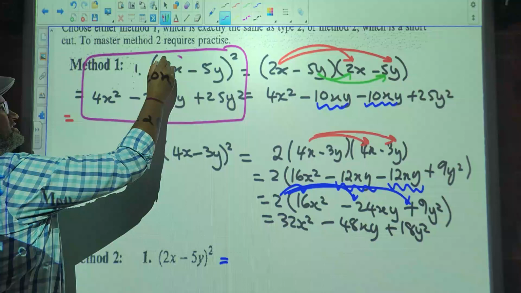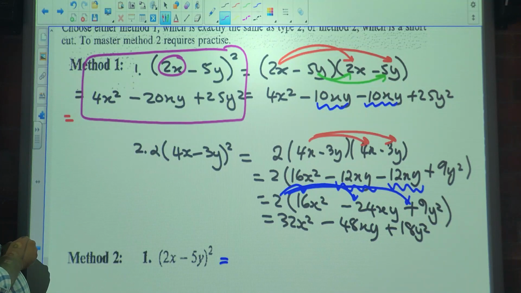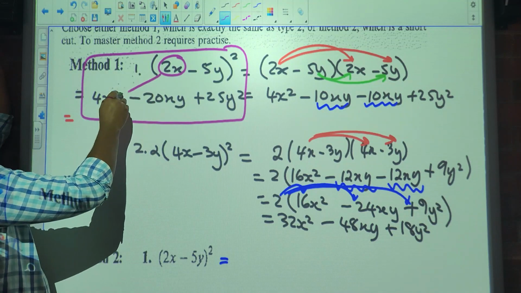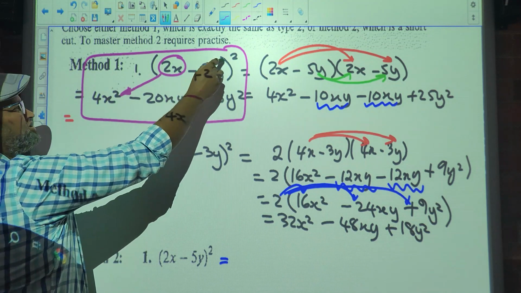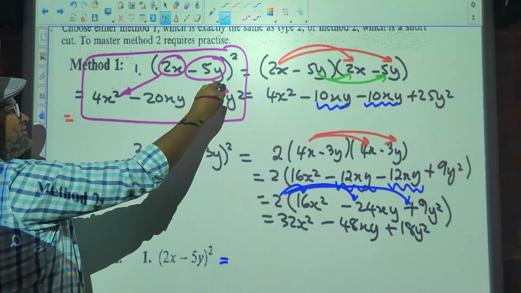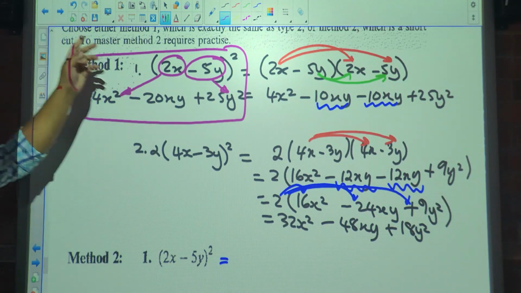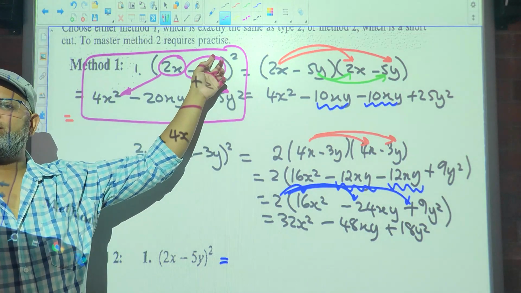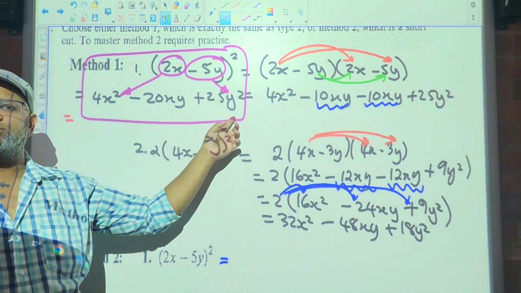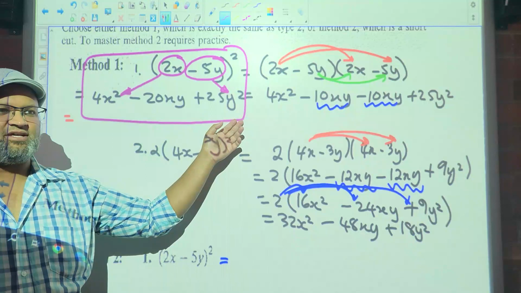What do you notice about the first term? It's being squared. Can you see that, people? What do you notice about the last term? It's also being squared. Even if it's negative, negative 5y squared will result in positive 25y squared. Can you see that?